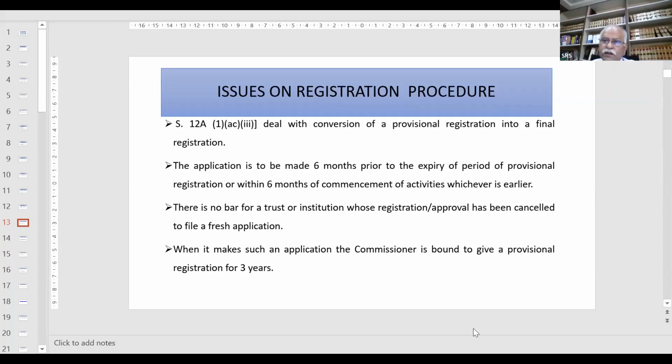Now, one more thing we have to understand is that I have always been referring to an institution whose registration has been cancelled making a fresh application. I would like to inform you that there is absolutely nothing in the Act which prohibits such a trust from making an application, even though its registration was cancelled either under old section 12AA or under new section 12AB.